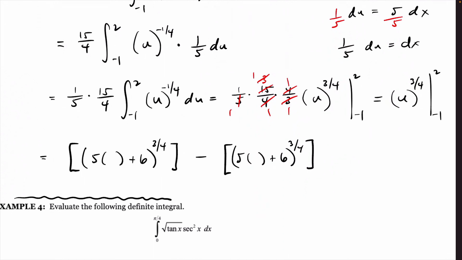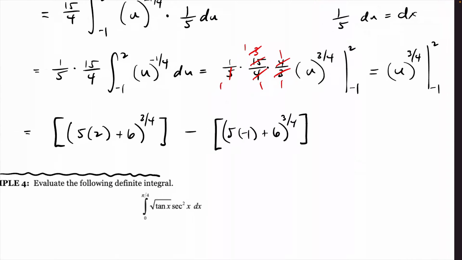So the first number I'm going to plug in is 2. The next number I'm going to plug in is -1. The better you can be at mental math for this part, the easier, if you're doing this in your head. Okay, so 5 times 2 is 10, right? Plus 6 is 16.